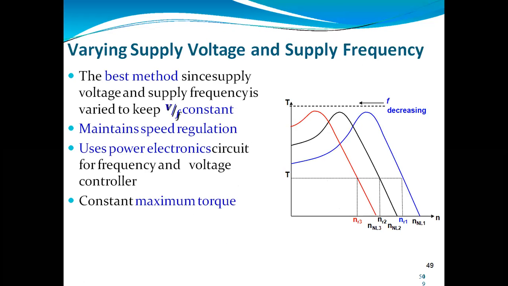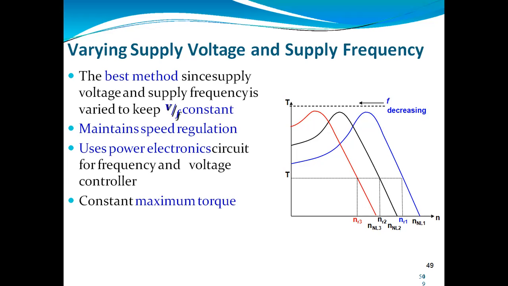When we are supposed to control the speed of the three-phase induction motor, our first method is varying the supply voltage and varying the supply frequency. The best method to control the speed is to vary its supply voltage or supply frequency.